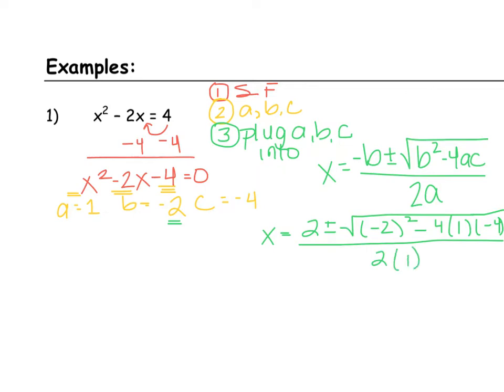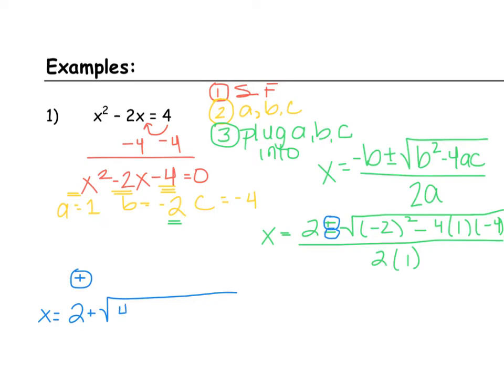And my last step is to simplify this expression. And you'll notice that when we simplify, we're finding two answers. One when we add and one when we subtract. So my first one, when I'm adding, it may or may not be a positive value at the end, is going to be x equals 2 plus the square root.